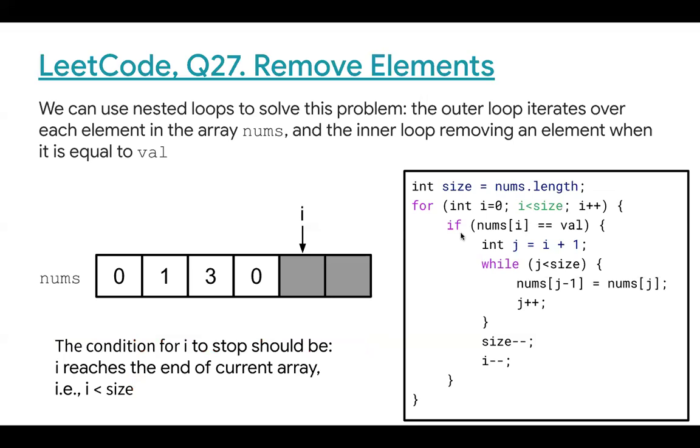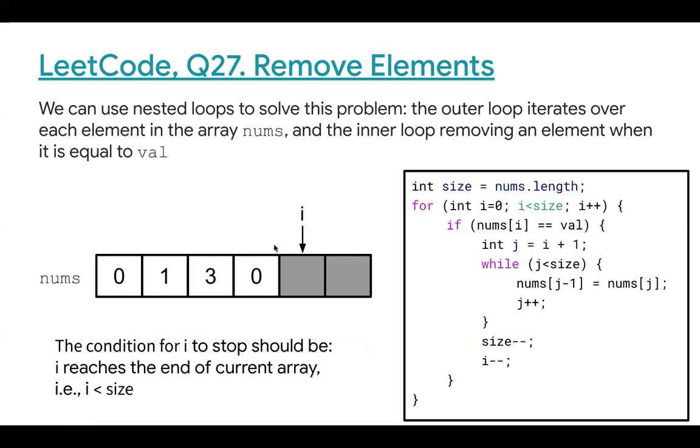To address this problem, same idea: i smaller than size. When pointer i goes to the end of the current array, when i iterates over all the elements, we could stop. It doesn't have to be the end of the original array.